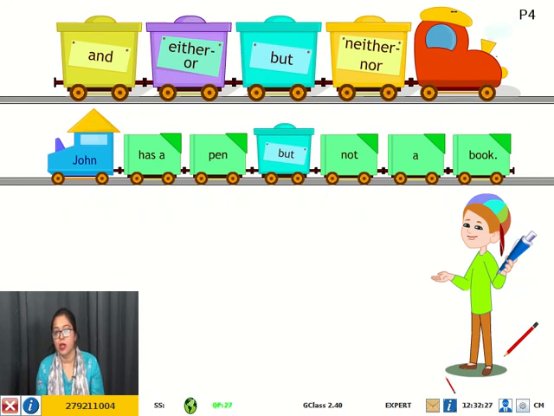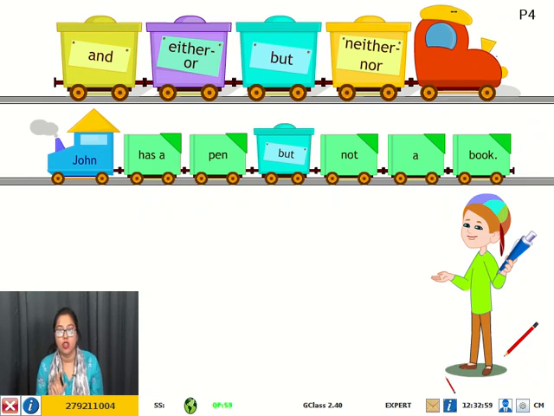So in the first sentence, what did we see? We picked up the connector and, and we saw that John had both a pen as well as a book. In the second sentence, we picked up the connector either or. That means either he can have a pen or he can have a book. Okay. In the third sentence, we picked up neither nor.